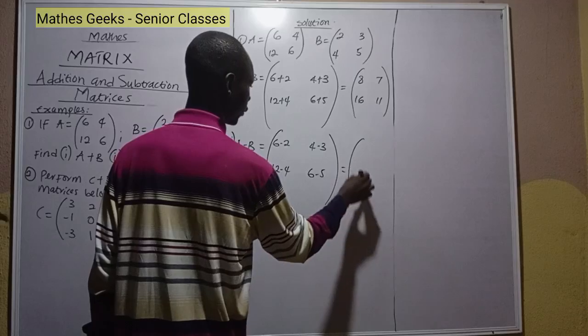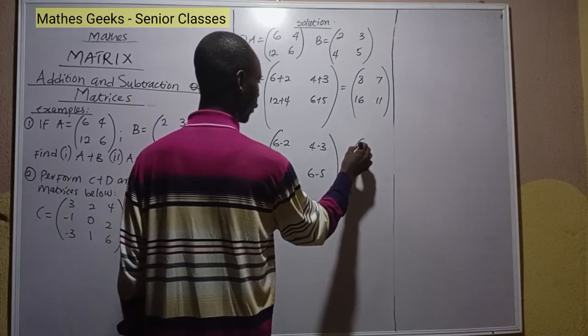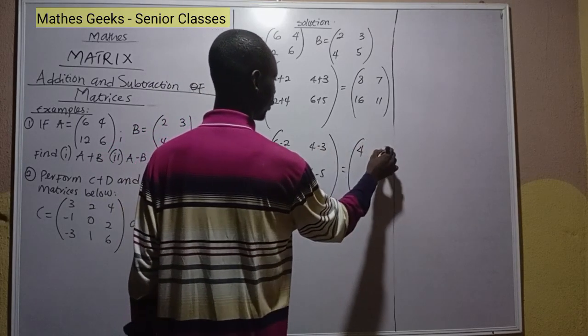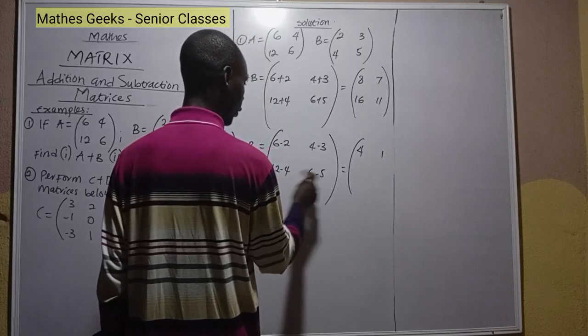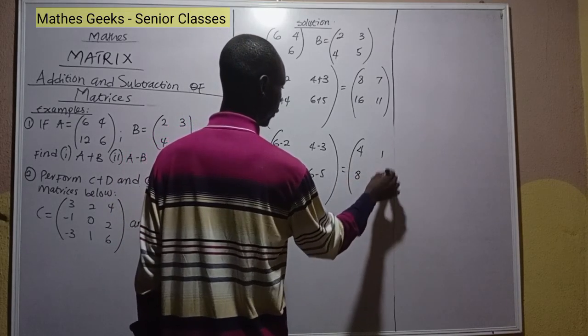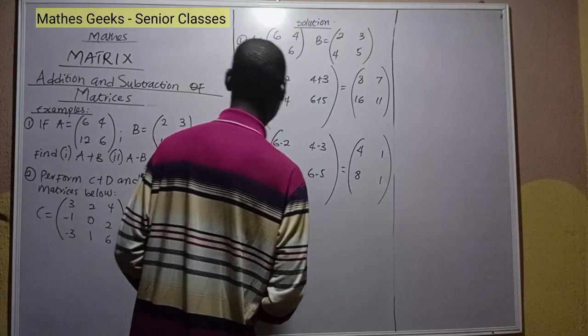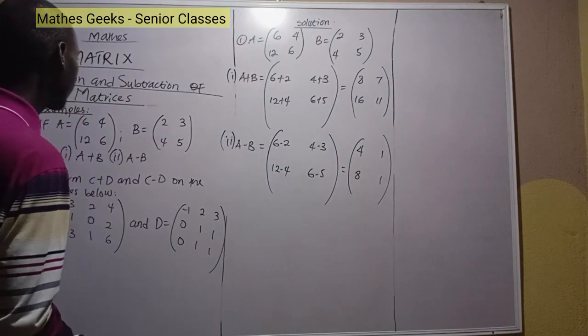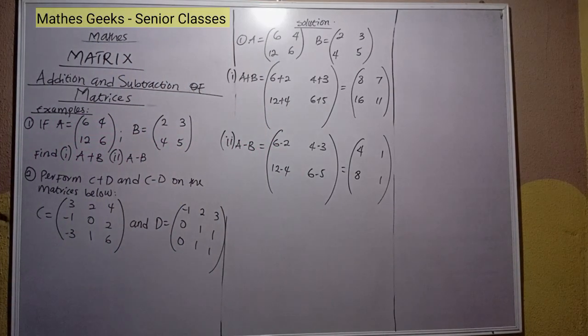This will give us matrix: 6 minus 2 is 4, 4 minus 3 is 1, 12 minus 4 is 8, 6 minus 5 is 1. That's the matrix subtraction. So number 2, perform C plus D and C minus D on the matrices below.